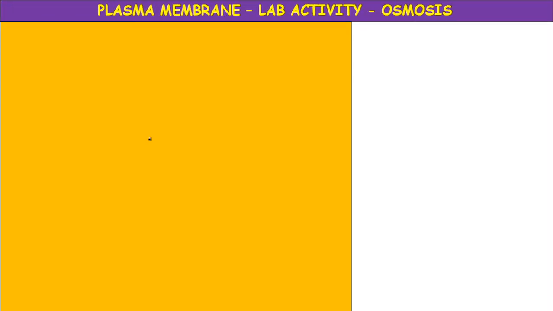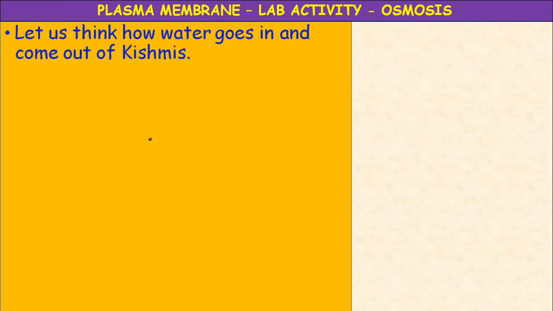So, lab activity, in order to understand the concept of osmosis, let us think how water goes in and out of kishmish. We have done two experiments. One is taking a dry kishmish and keeping it in tap water. After 1 hour we observed that the kishmish swells due to the entry of water from the beaker into the kishmish.